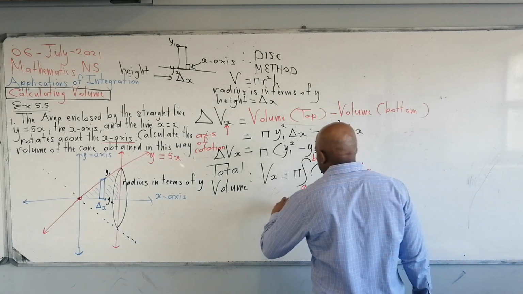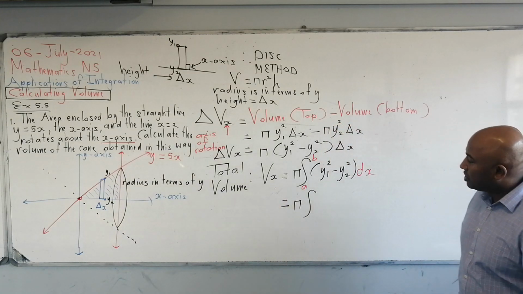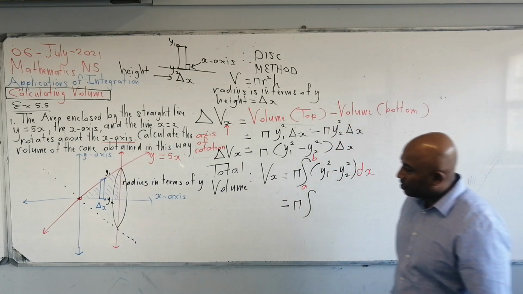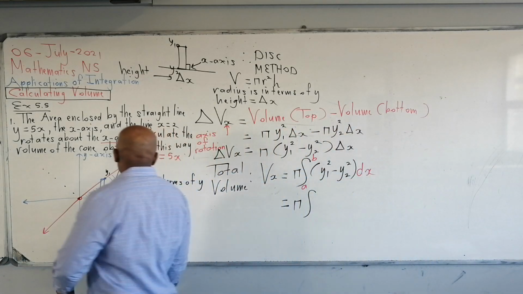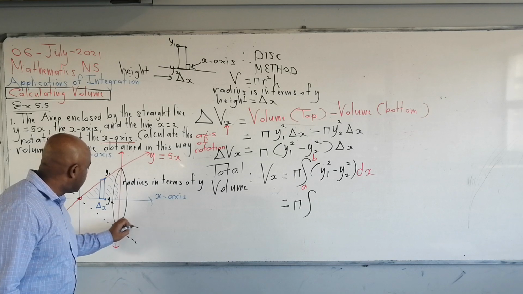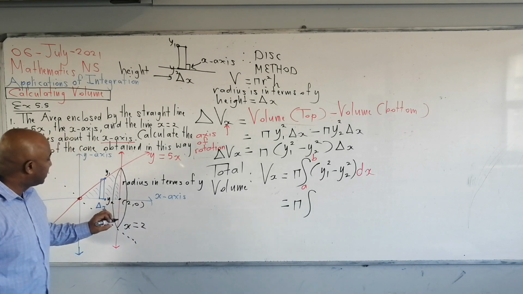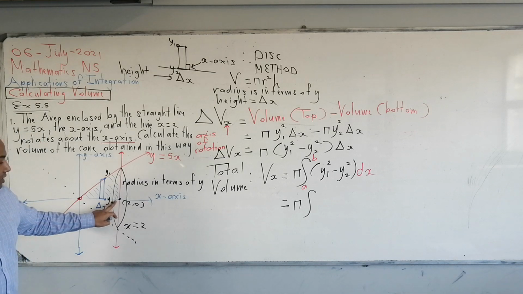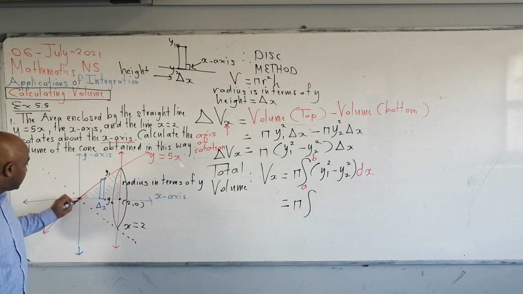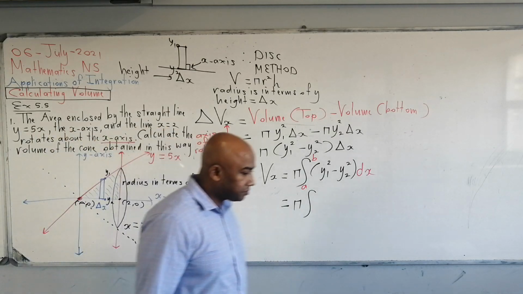Okay, now let's substitute. You go to your diagram. This is the line x is equal to 2, so we know this point here is (2, 0). This is the ending, and the beginning is (0, 0).